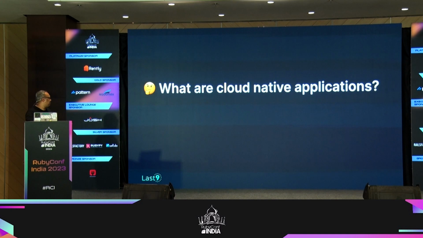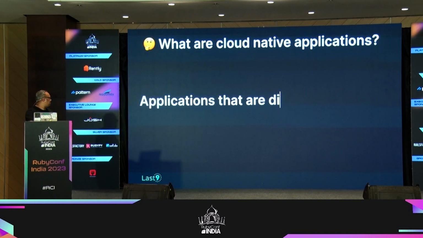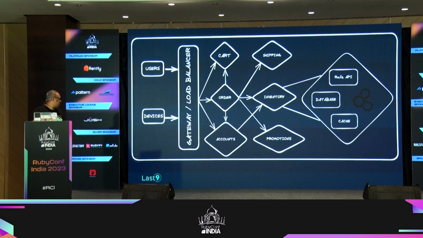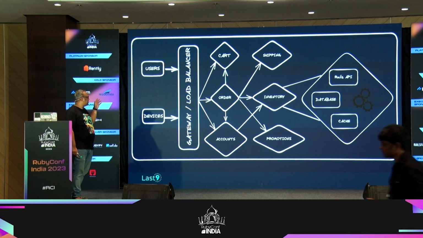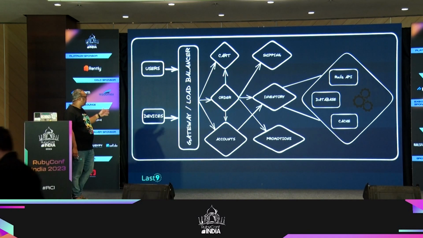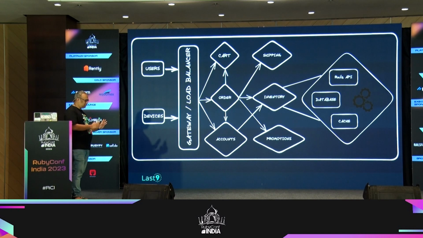We'll take one example of how things look. This is one example where you can observe an e-commerce setup purely from a backend standpoint. You have a gateway load balancer where users and devices are making requests, but you just see how much complexity comes into play when you have a microservices architecture, which these days most people have.